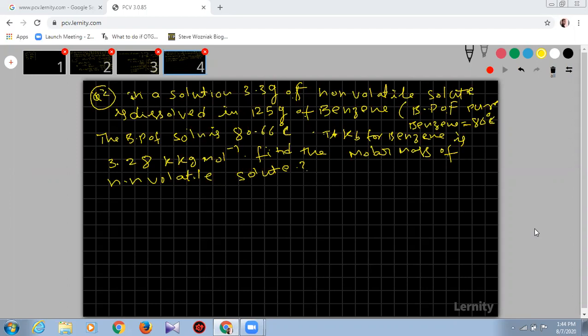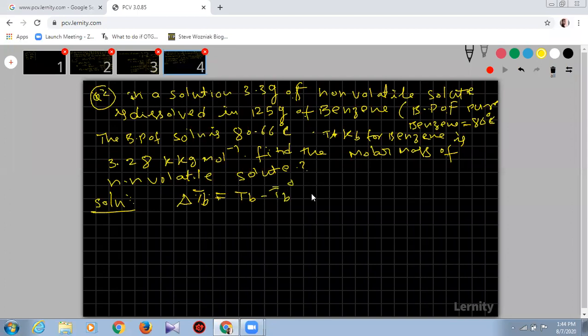So now here, okay. First we'll see here. This is also related to elevation in boiling point. So delta TB is equal to TB minus TB naught.